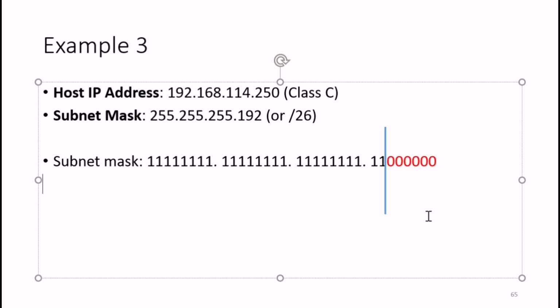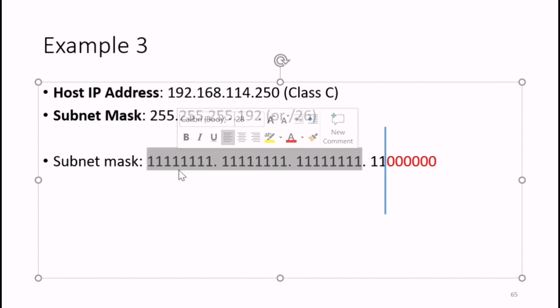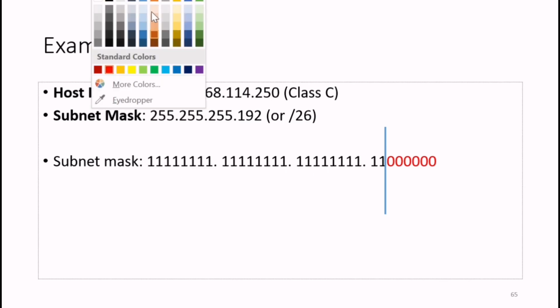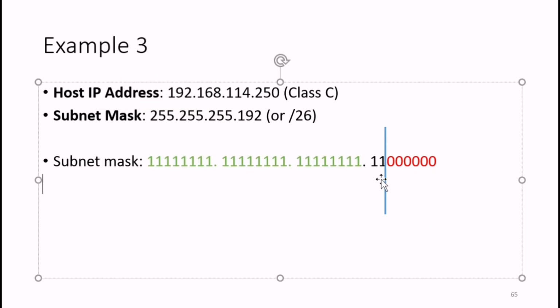After that, you also need to identify the subnet bit or range. We know that this is class C. For class C, the first 3 octets should be the network range, the network address. So the available 2 bits here are the subnet.